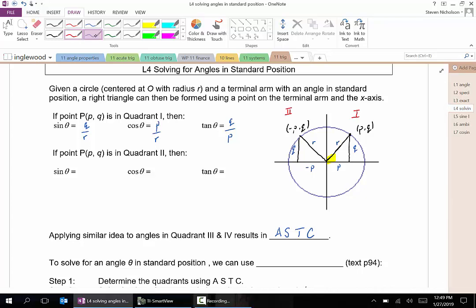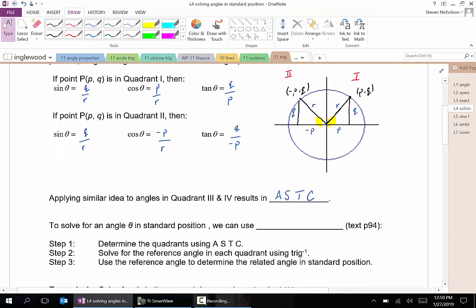The sine ratio is the side opposite our angle, and in this case, it's a reference angle. And we're going to have positive Q over the radius. But the cosine ratio is going to be the adjacent side over the radius, and the adjacent side is a negative coordinate this time, and the tangent is going to be positive over negative. So again, all students take calculus that we talked about last day. That's going to be important for us to use today.